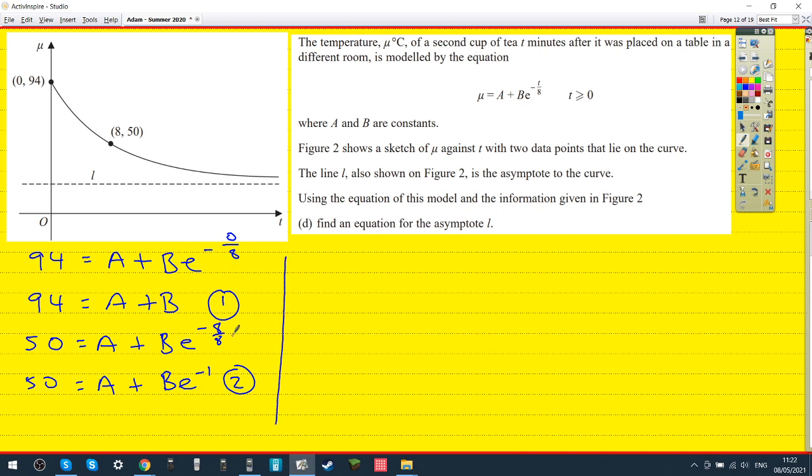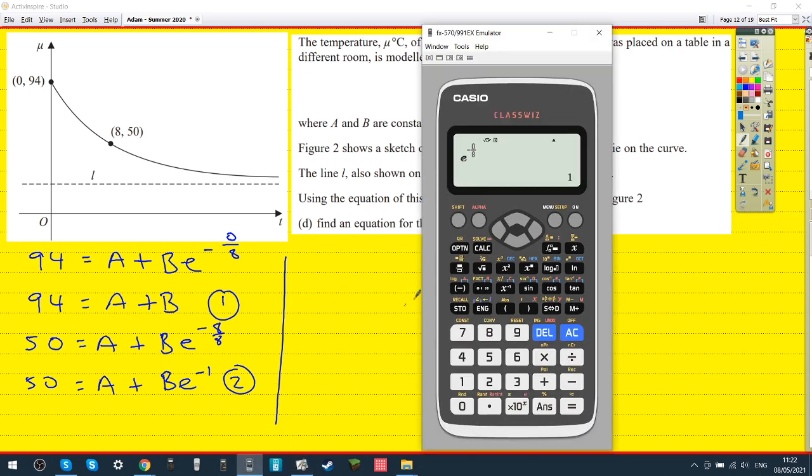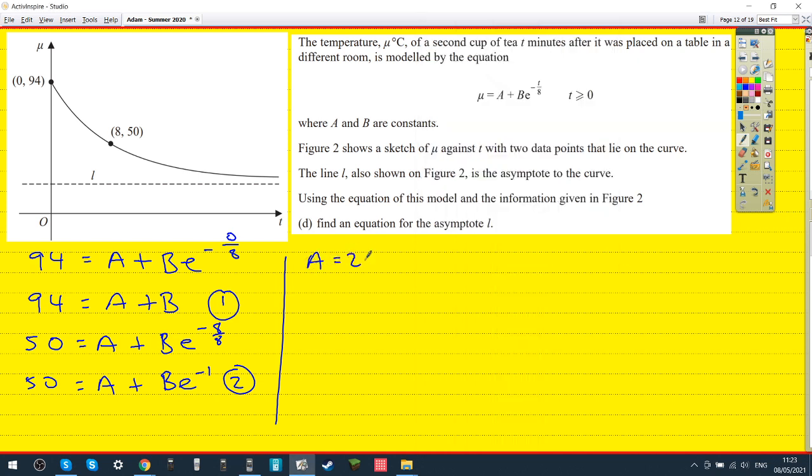So it'd be 1a and 1b equals 94, and then 1a plus e to the minus 1 b equals 50. And you get a equals 24.4, and the other one, b, is 69.6.